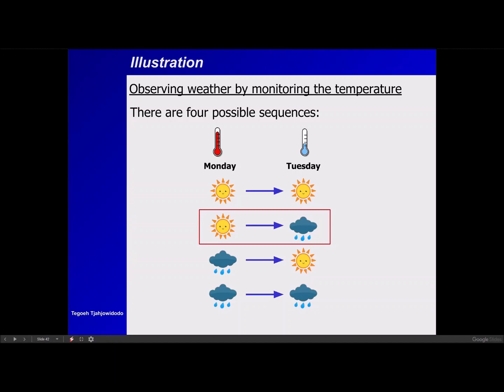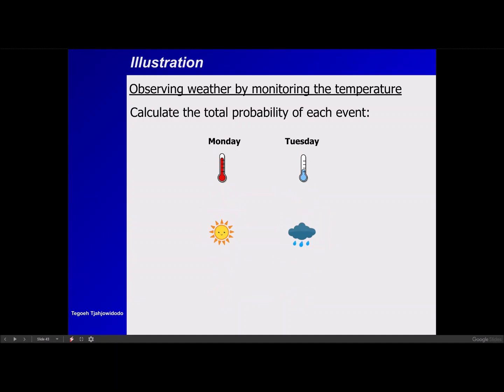I don't think I will calculate all of these 4. Let's take one specific case, the second sequence. Here we are going to calculate the probability of the second sequence. Okay, I redraw it here again. The observable state says that Monday is warm, Tuesday is cold. And then I will calculate the probability of having sunny and rainy in these 2 consecutive days.